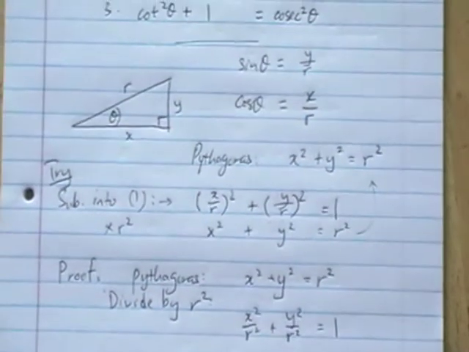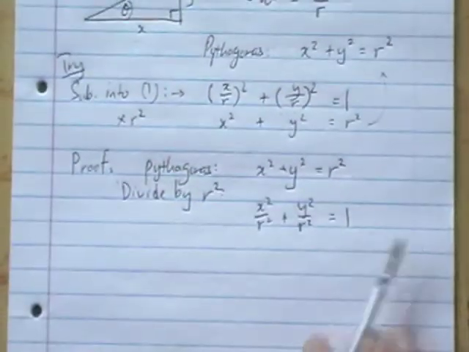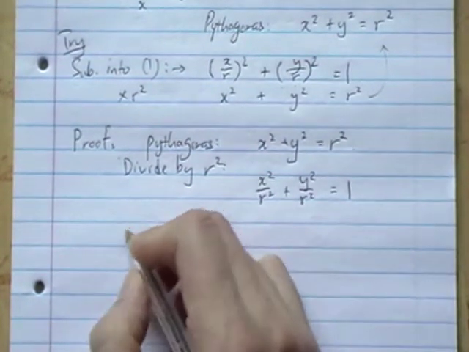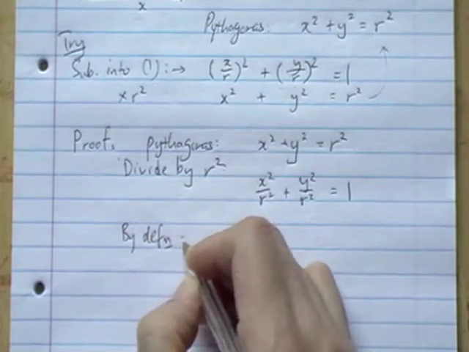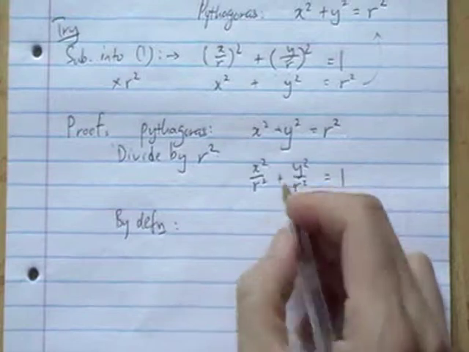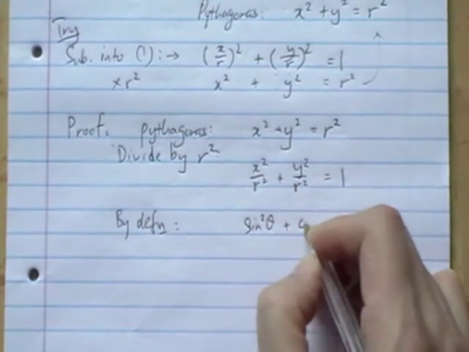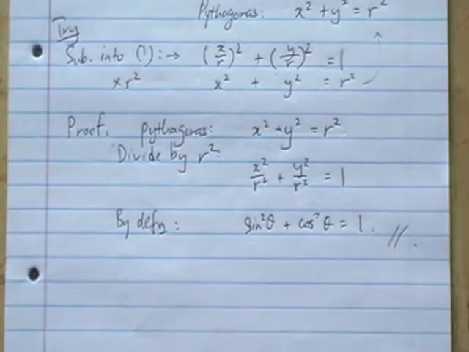Then we make use of the definitions of sine and cosine. So by definitions, I'll have sine squared theta plus cosine squared theta equals 1. And that completes the proof for the first identity.